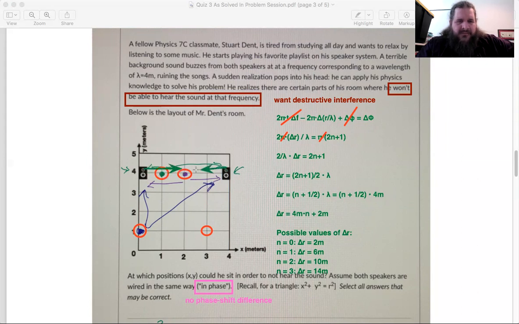How about that? If we got those 2 paths, what can you say about the distances traveled by those 2 paths? From speaker 1 to this location versus from speaker 2 to this location.